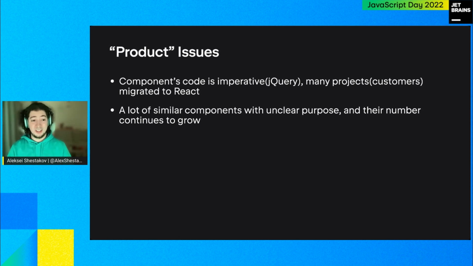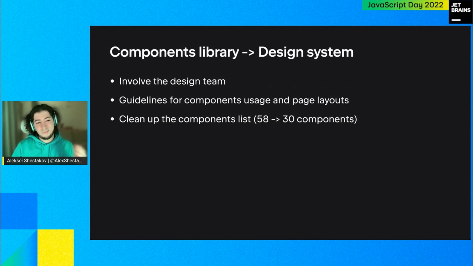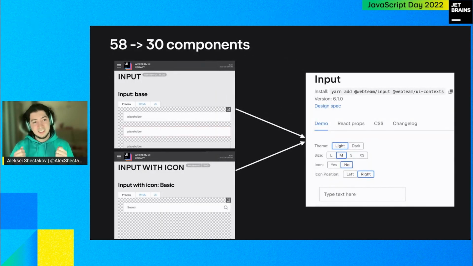So we ended up with many similar components for similar use cases. And the solution for the first problem was pretty obvious: just use React. But the second one we couldn't solve by ourselves. So we involved the design team, and together we developed usage guides and cleaned up the components list.